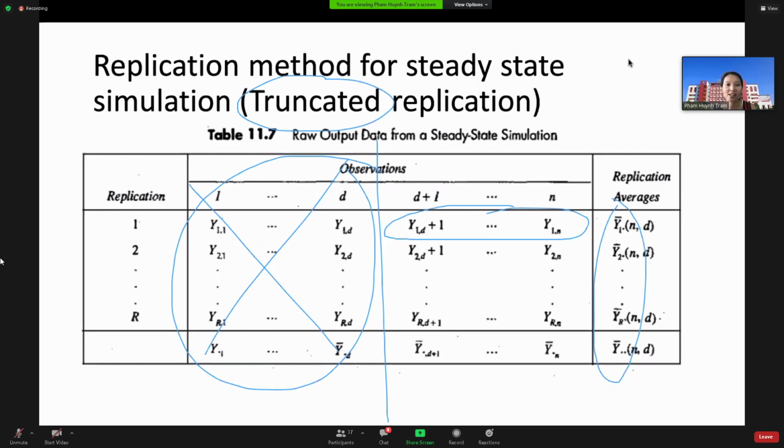This is the replication method for steady state simulation. We have to truncate all the data during the warm-up period. This is automatically done in Arena when we define the warm-up period; it will automatically remove it for us.